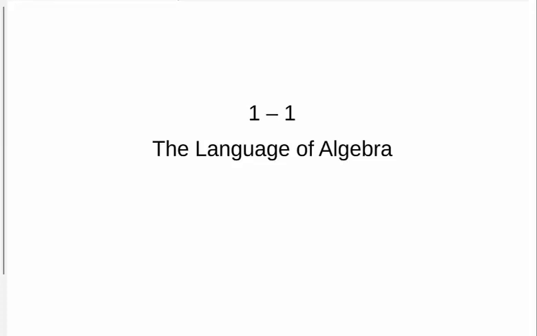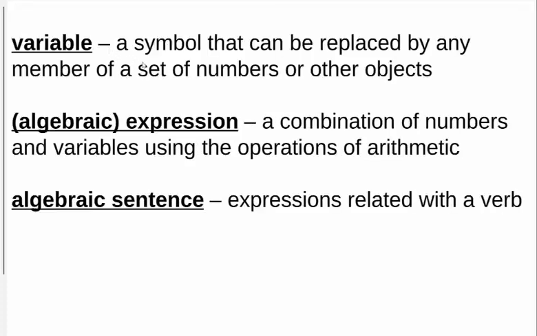So first, let's start off with a few definitions, kind of review definitions you probably remember from earlier courses, but here are some definitions that you might want to write down. A variable is a symbol that can be replaced by any member of a set of numbers or other objects. An algebraic expression, or just an expression, is a combination of numbers and variables using the operations of arithmetic.